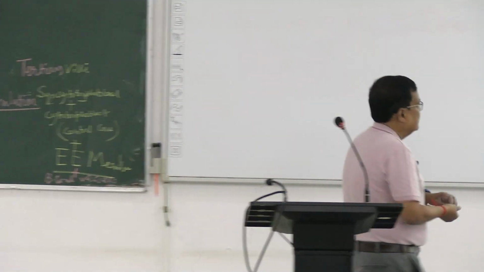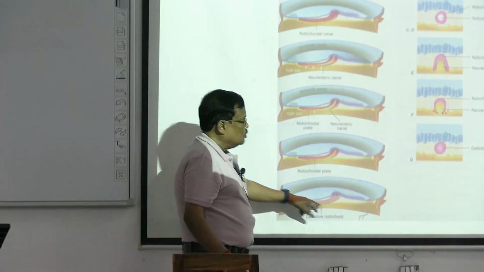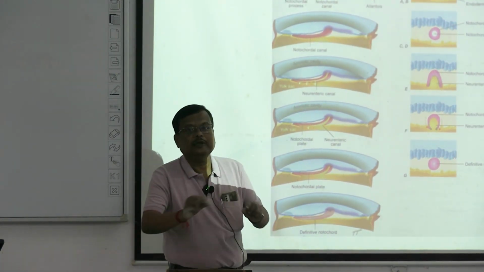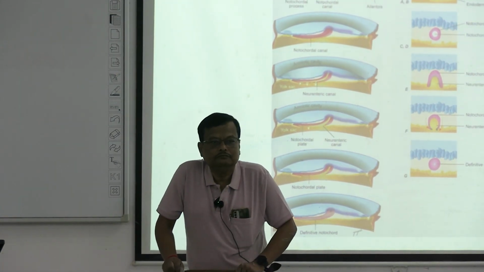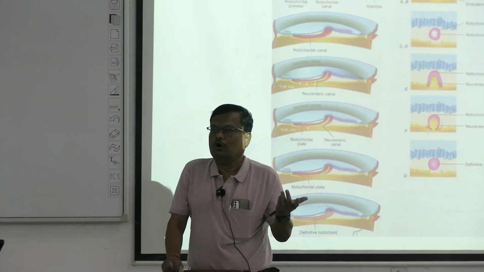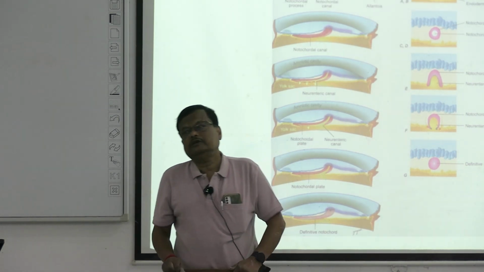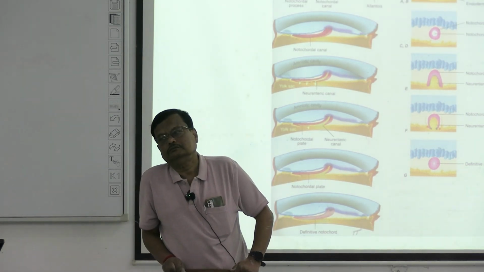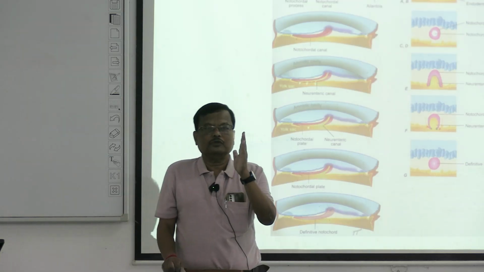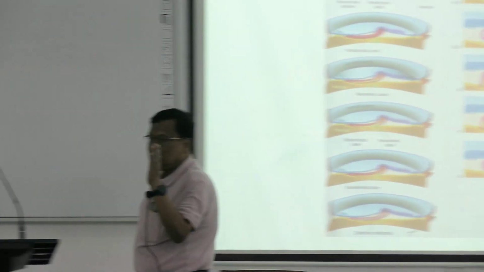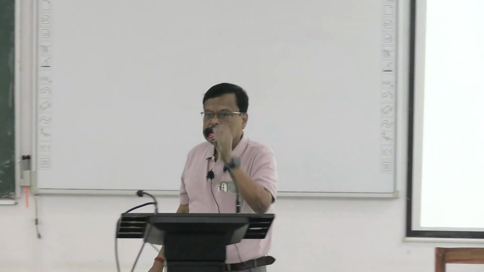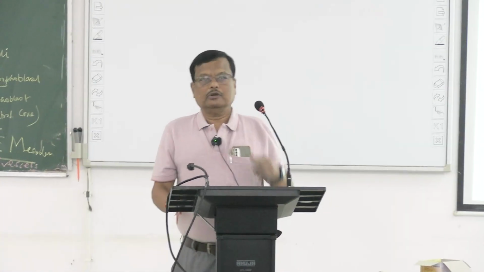After that, again the defect is closed, again it becomes solid. Again it becomes solid rod and we call it definitive notochord. And it is actually from the midline axial structure, the vertebral process, vertebra of our body develops.